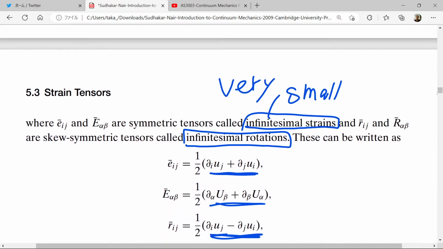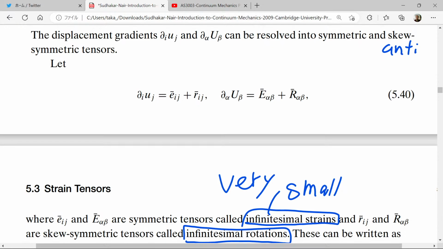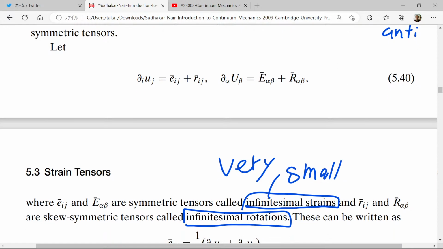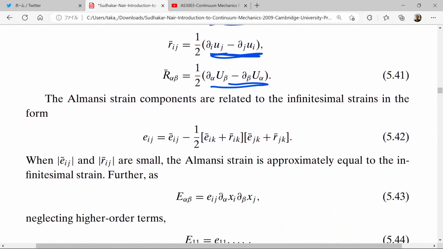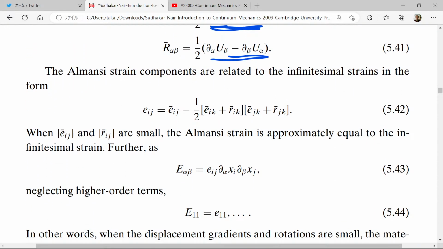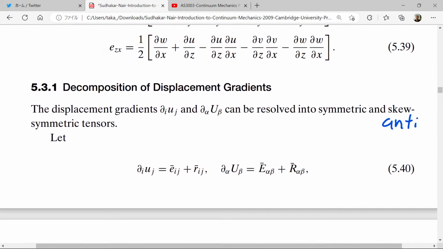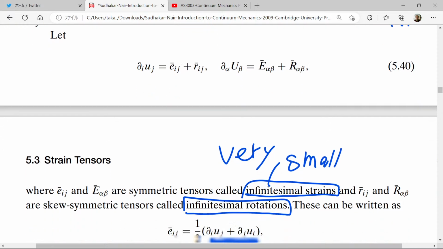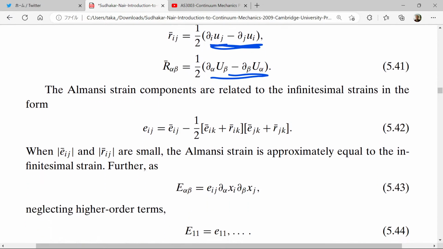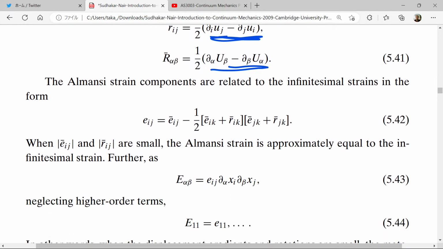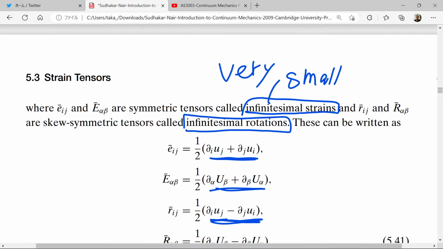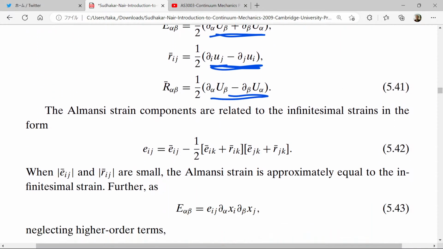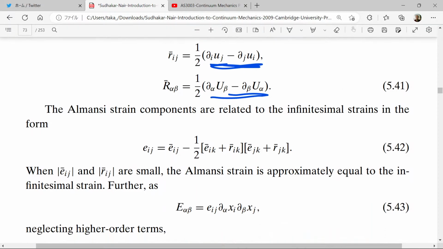I, J, I, J, J, J, J, I. A little bit confused.